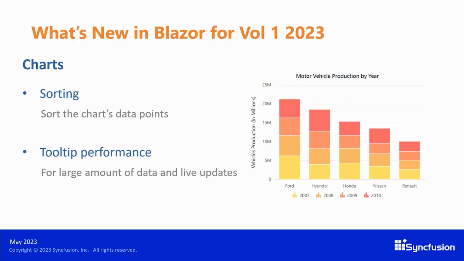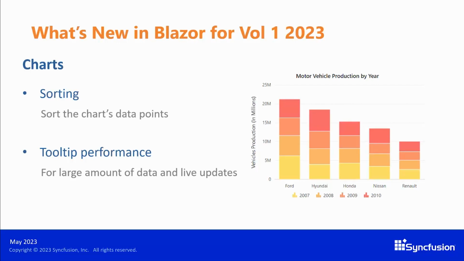We have examples for all these features in our demo page as well as in our documentation page. For a few of the features, I'll show a demo after completing these Blazor updates.